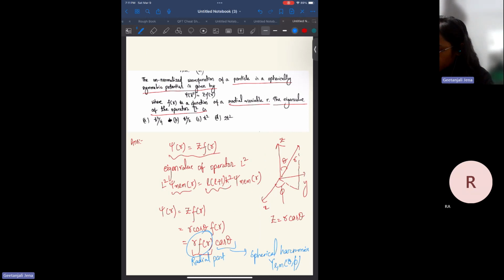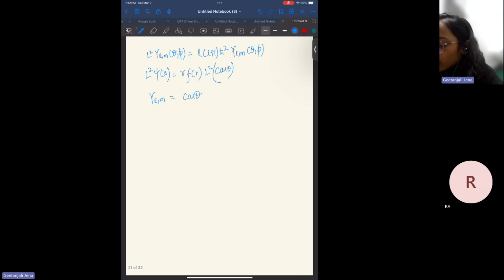This is the radial part. This is the spherical harmonics. So this means this is Y_lm(theta, phi). If you compare this Y_lm to the standard form that is given in the textbook, you see that it is related to Y_10(theta, phi). For Y_10, it is directly proportional to cos theta.